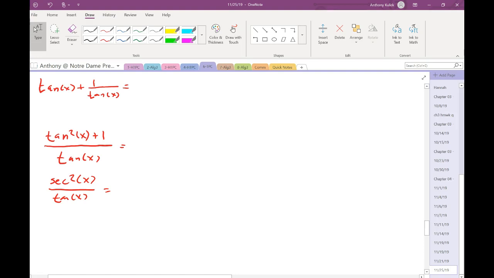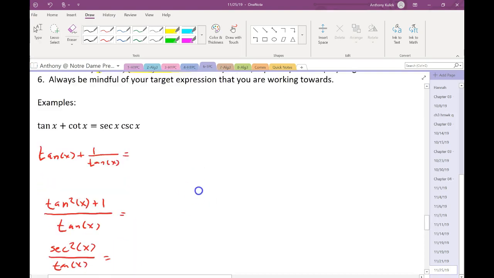Everybody okay there? And in fact, if we really wanted to think about this, we could think about it as secant x times secant over tangent. Why would I want to think about it this way? What's the answer supposed to be over here?